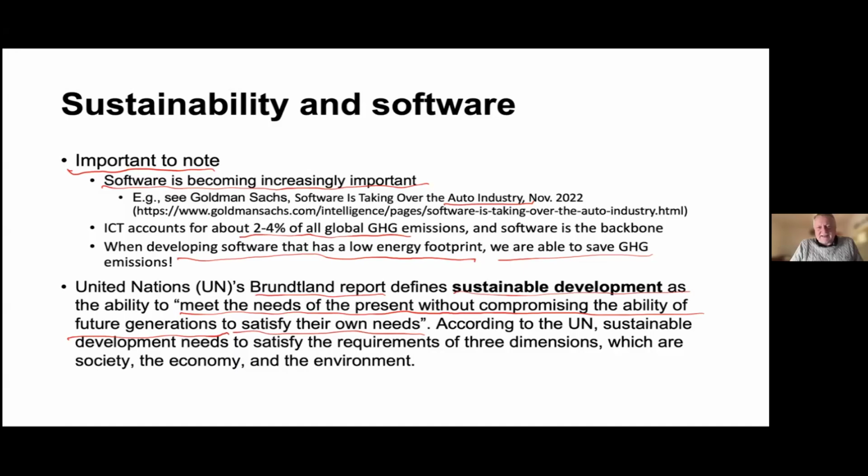And that basically should lead to a more sustainable society, economy, and of course the environment too. It's, I would say, a complicated problem we have to face when we focus only on software engineering. It's in general not an easy problem, but here it becomes even worse, I would say.